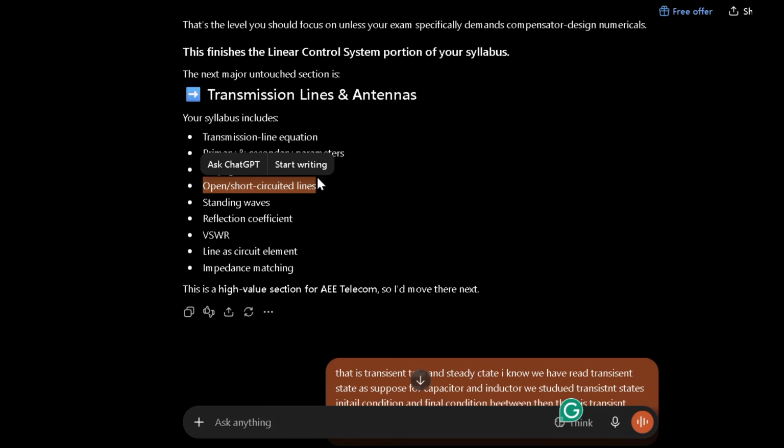At the ends of the transmission line, suppose it is open at some part. If it is open, then the resistance is high, which means lower current and maximum voltage.